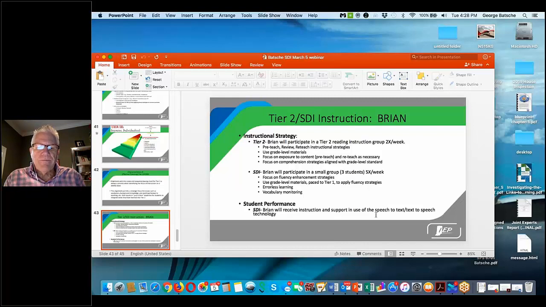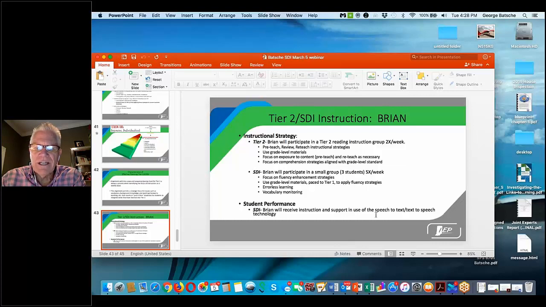For tier 2 and for specially designed instruction, for reading support, this is what the school did for Brian. Brian is participating in a tier 2 reading instruction group twice a week. That teacher for the whole group is using pre-teach, review, and reteach instructional strategies using grade level materials. They're focusing on exposure to content and reteach as necessary.